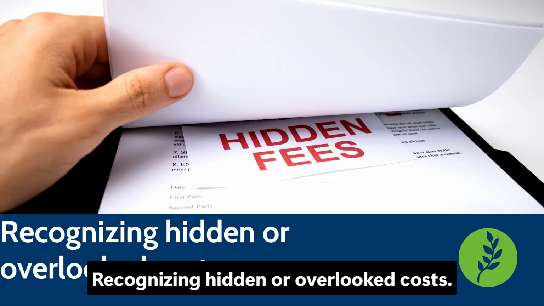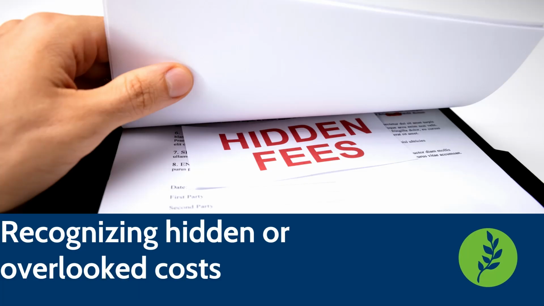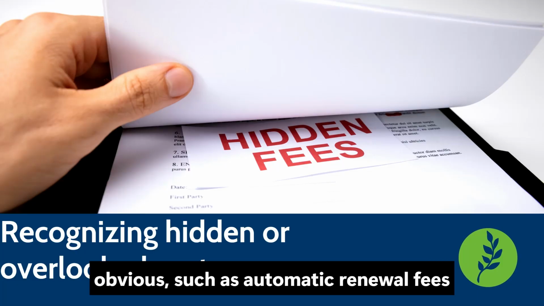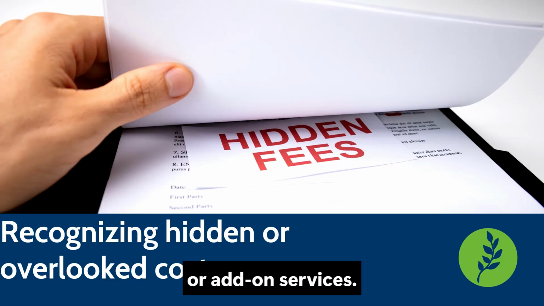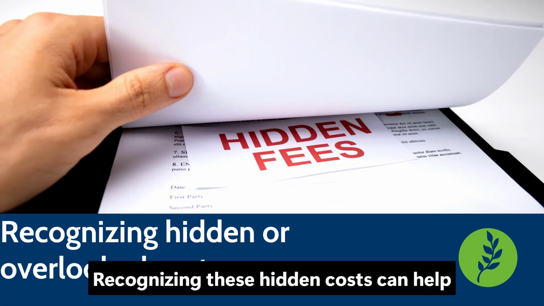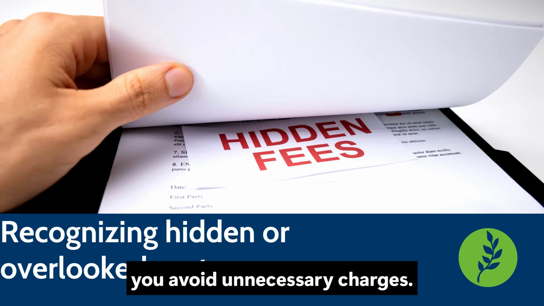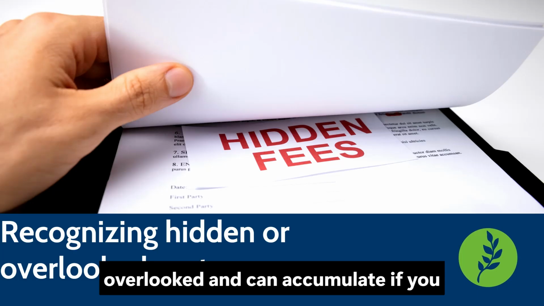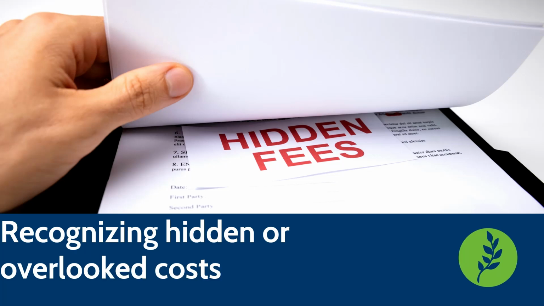Recognizing hidden or overlooked costs. Some digital expenses may be less obvious, such as automatic renewal fees or add-on services. Recognizing these hidden costs can help you avoid unnecessary charges. Automatic renewal fees are often overlooked and can accumulate if you do not monitor closely.